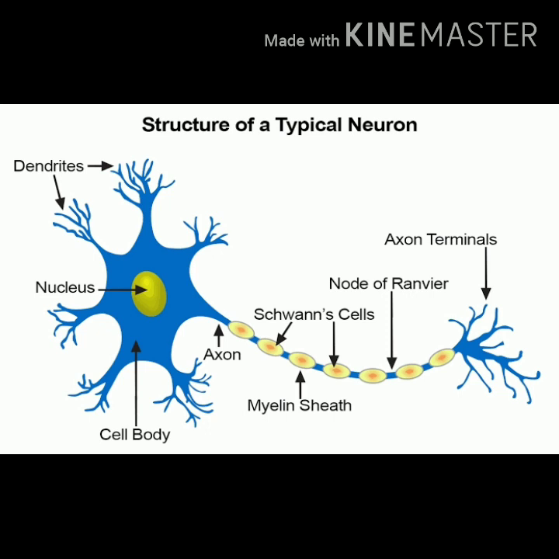It is highly branched to form dendrites or dendrons. Then a single process which elongates from the cell body is called the axon. This axon is a single long fiber-like process which develops from the cell body. I hope when you look at this picture, it will be clear.